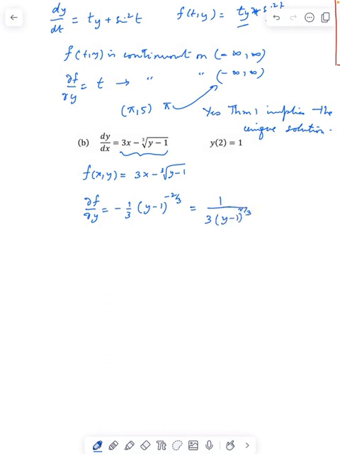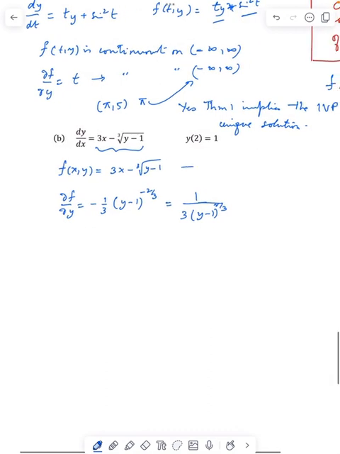Now if you want, you can put it in the radical form, but if you leave it like this, it's fine. But now notice that this is fine. This is continuous on negative infinity to infinity. But the bottom one, you can see that there is an interruption.